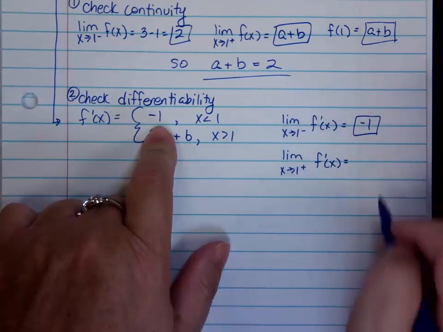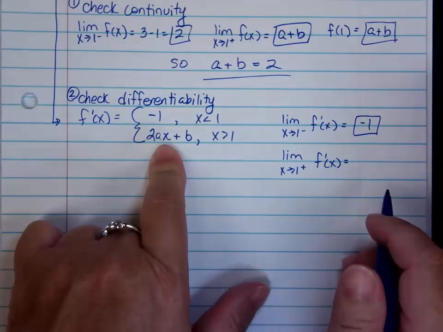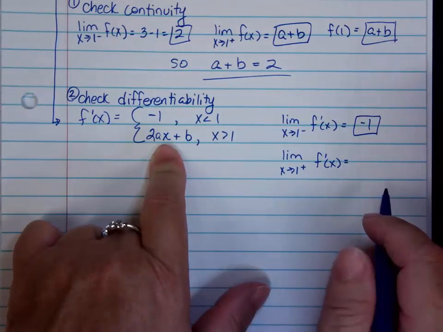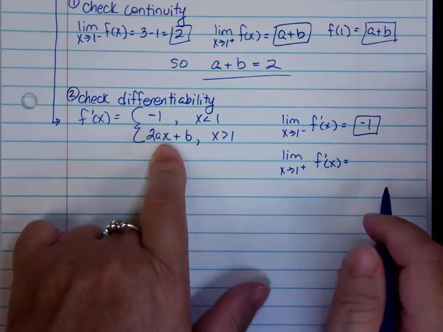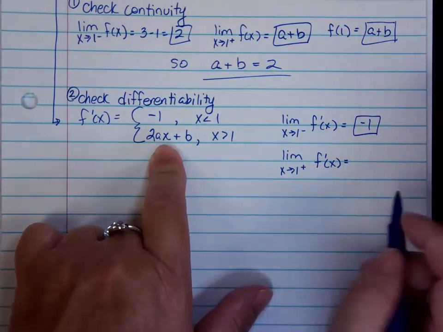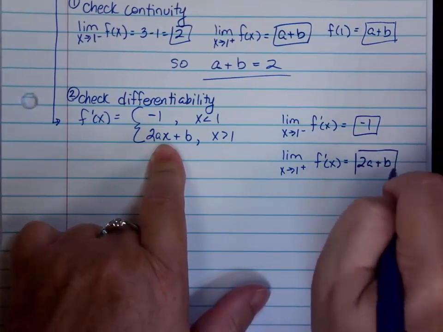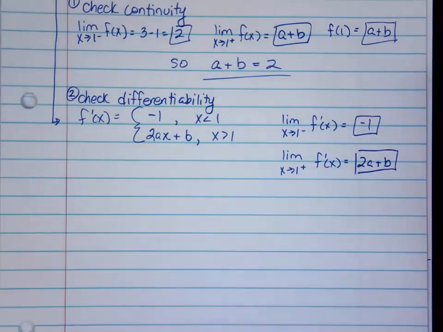Okay. What is the right-hand limit going to be? 2a plus b. Just 2a plus b, because x is 1, remember? So, in order to be differentiable, those two things have to be equal.